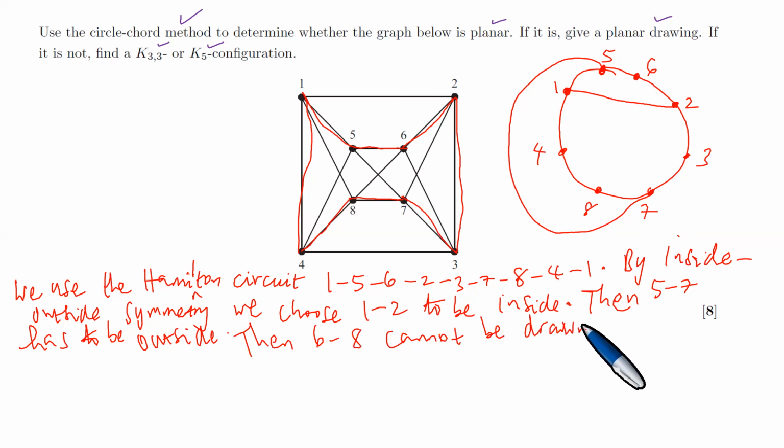Let's look at 6, 8. If you draw like this, it's going to cross, but also if you draw outside like this, it's also going to cross. So we can see therefore that 6, 8 cannot be drawn.